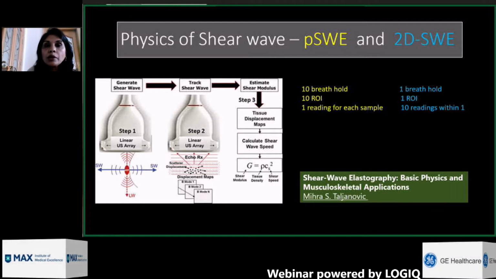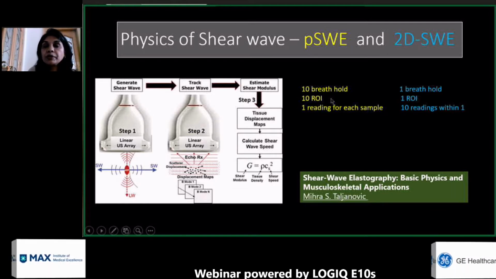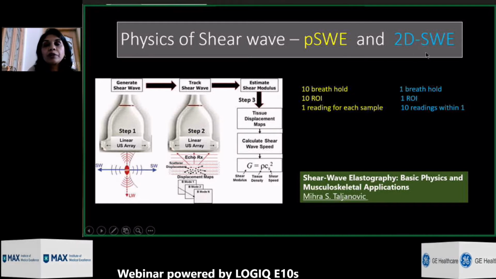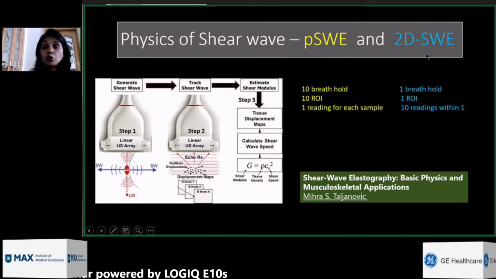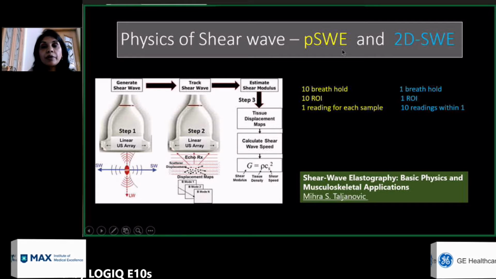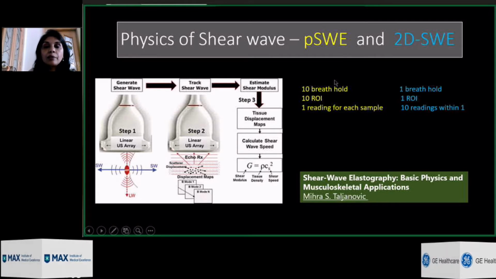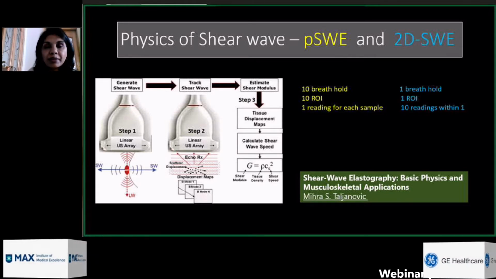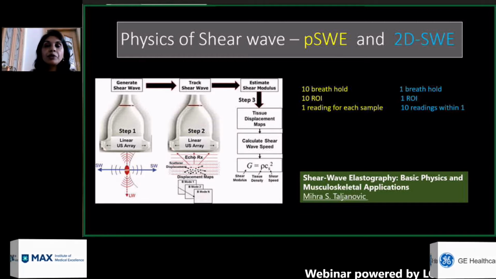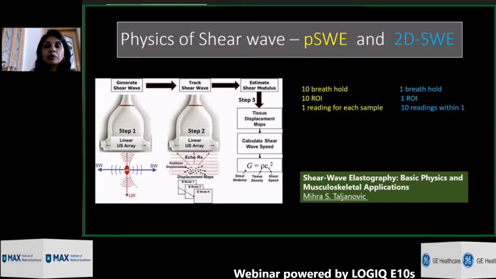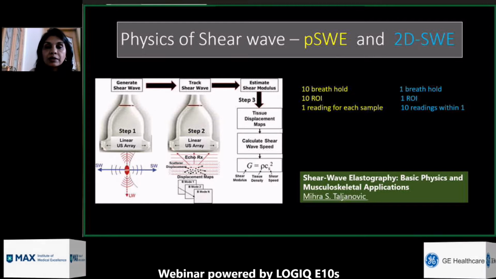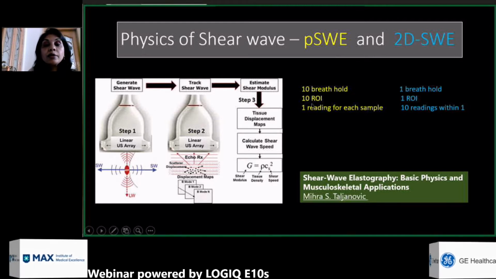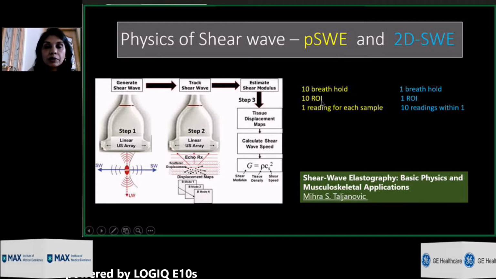Now, these are just two differences between point shear wave elastography and 2D shear wave elastography, which you may be interested in. In point shear wave elastography, we have 10 breath holds. Breath hold is a misnomer here; we are having suspended respiration. So 10 times the patient is asked to suspend respiration so that 10 regions of interest, or boxes, are created.